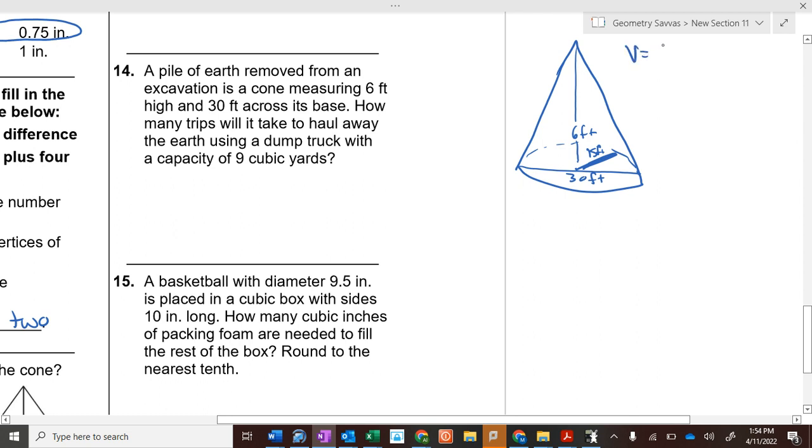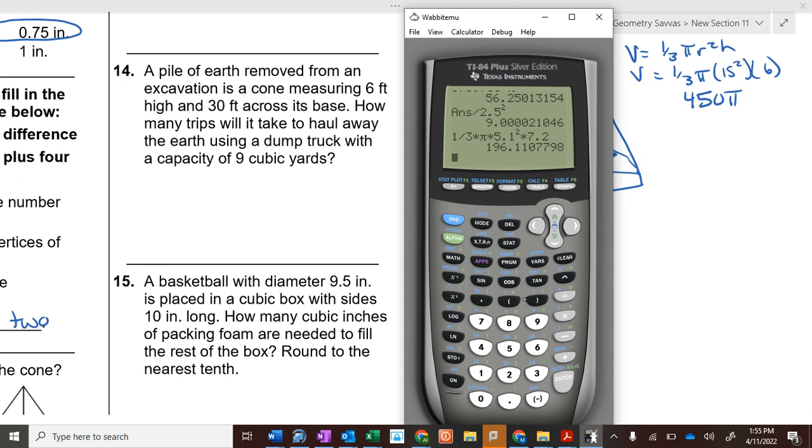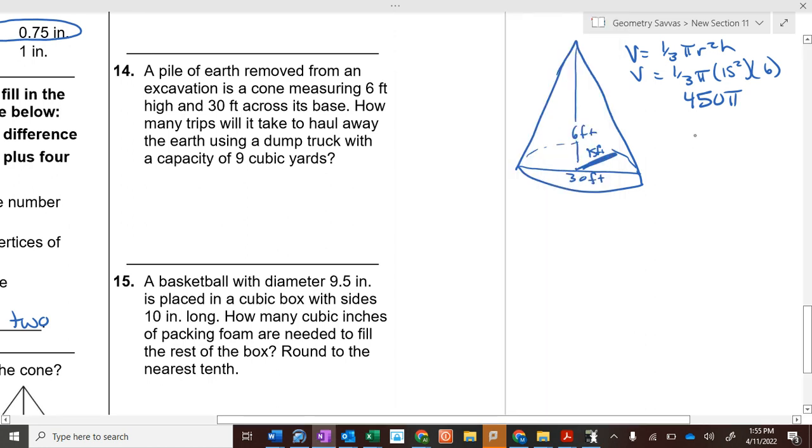So the volume of this is 1/3 pi r squared h. Fifteen squared is 225 times, 1/3 of 6 is 2. So 225 times 2 is 450. So it's 450 pi, right? So 450 times pi equals 1413.7.